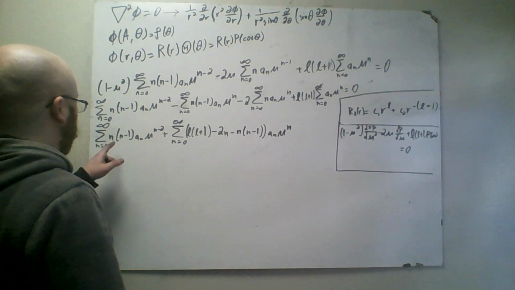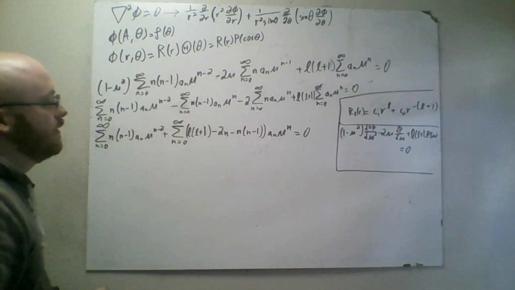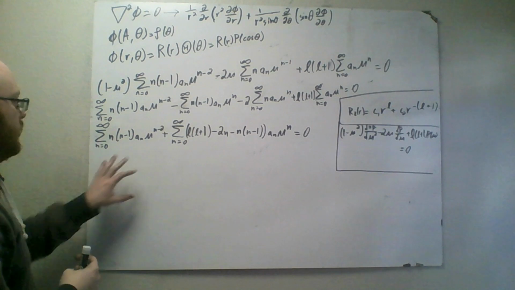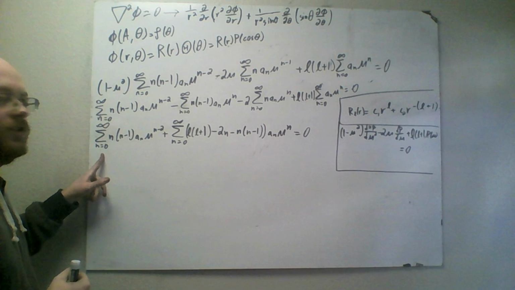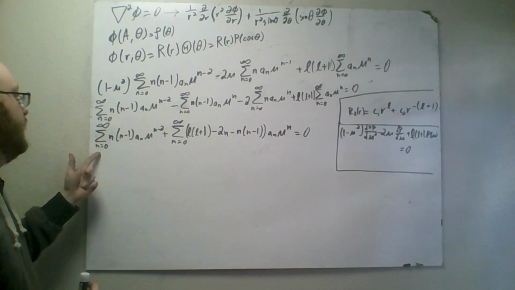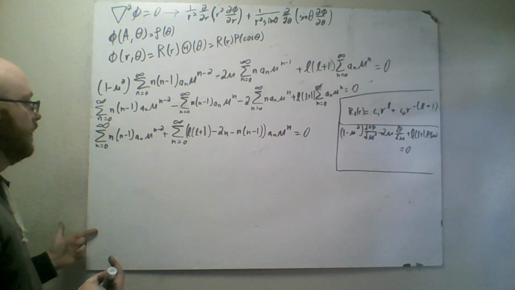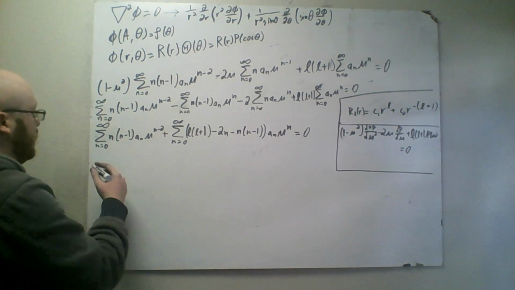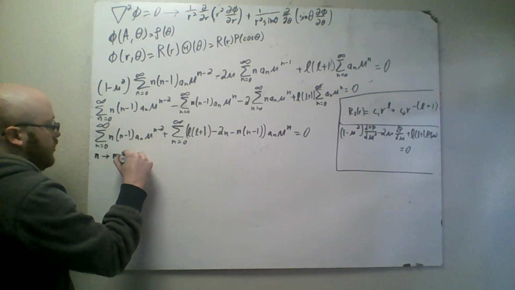Okay. So now this one's a problem because this has to equal 0. So I'm going to try to combine this into one sum, and I'm going to do a little trick, right? So the first term of this series, if we plug in n equals 0, we get 0. Second term, we plug in n equals 1, we get 0 because of this term. So the first two terms don't actually matter, right? So now I'm going to make the substitution n goes to n plus 2.